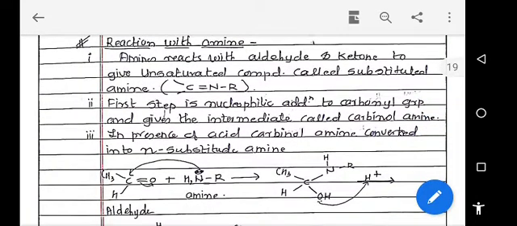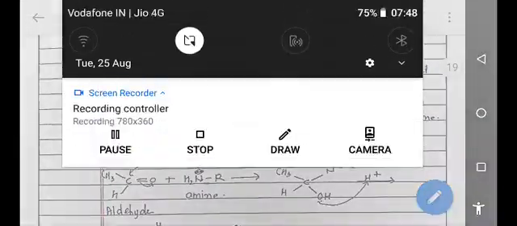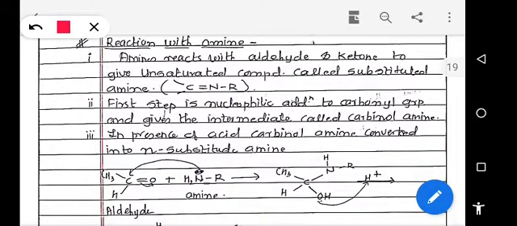Next one is the reaction with amines. If we study the nature of the amine, we find that the amine always attacks from the nitrogen atom. This means nitrogen atom having the lone pair of electrons can act as the nucleophilic center, the attacking species, having sufficient electron density on the nitrogen atom.